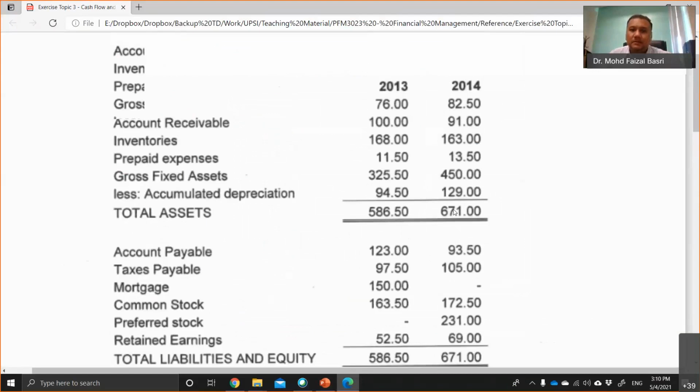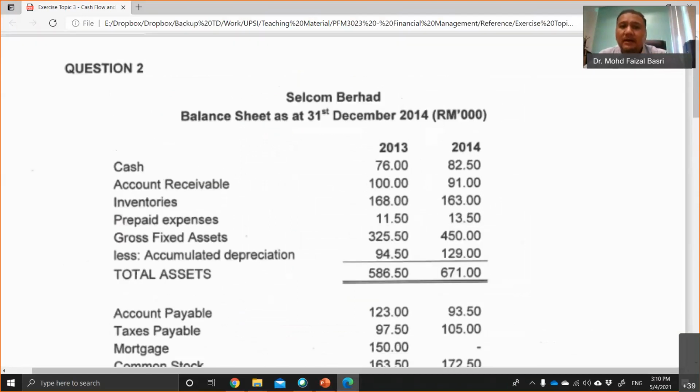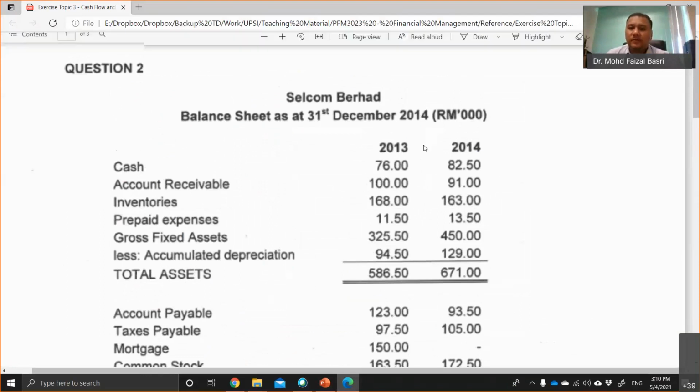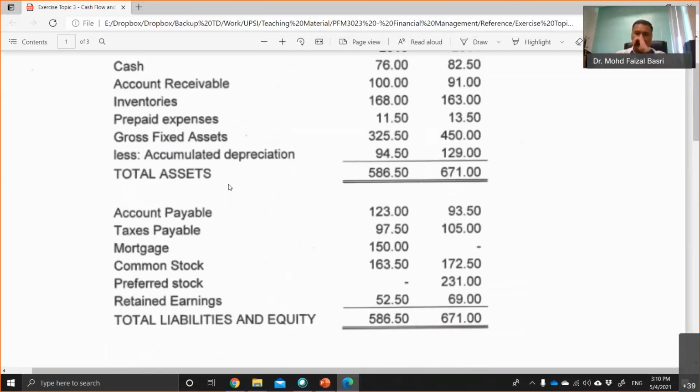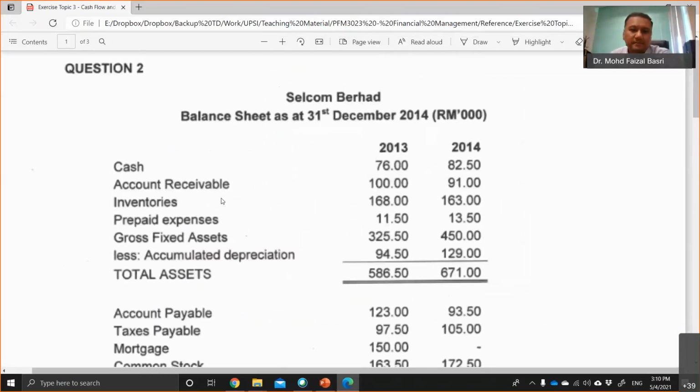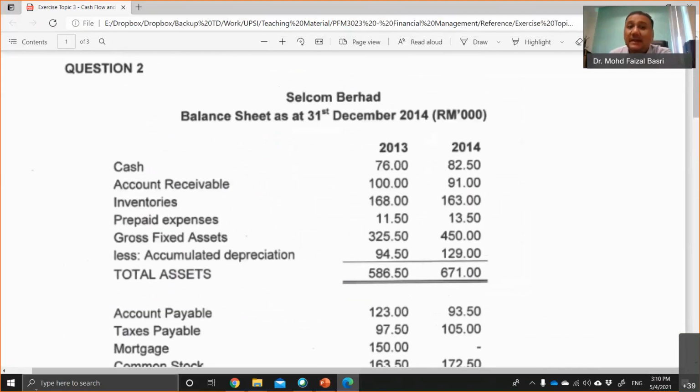All right. So I have this one question. We have 2 years of information. And for this question, they just provide us the balance sheet only, meaning there's no income statement.